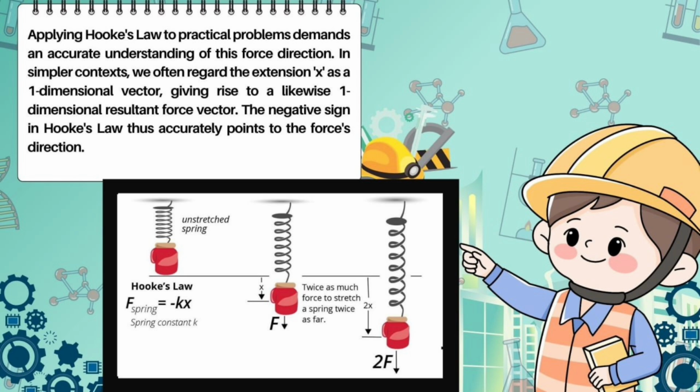So, which means in most basic problems, we only consider motion in one direction, up and down, or left and right. The sign, positive or negative, helps us know where the force is acting, which is important when solving equations correctly.